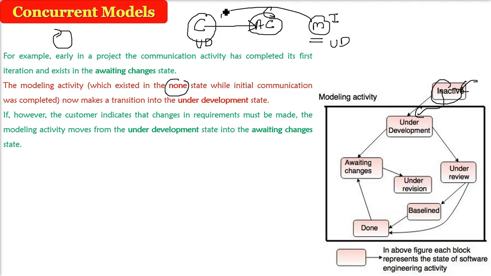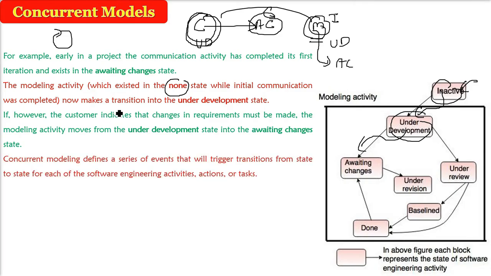Some more changes are coming. If some more changes are coming in the requirements, the modeling activity which was under development can now be transferred to the awaiting changes state, because now the communication activity has to take place. So now the communication activity will become active. So you understood this.